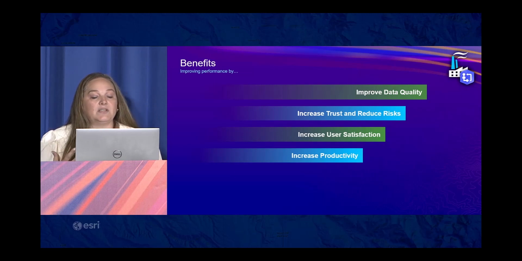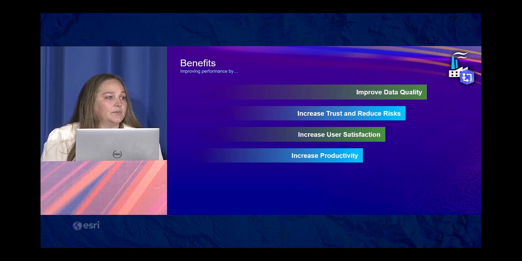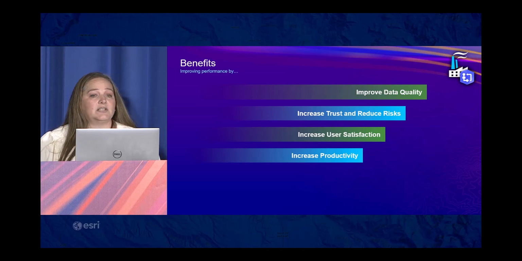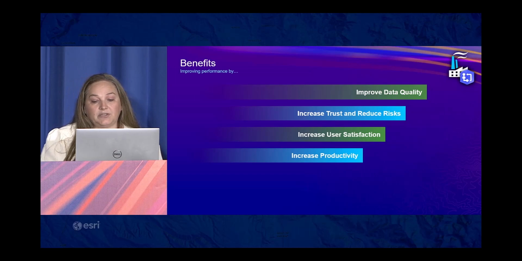So by resolving issues with bottlenecks, process management, and workforce coordination through automation, the result is an increase in productivity. And it can be realized in a number of different ways. It really depends on the organization and what they've identified as pain points, what they've identified as priorities, and what they're really looking to improve.